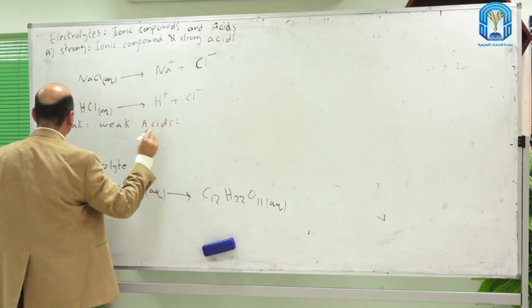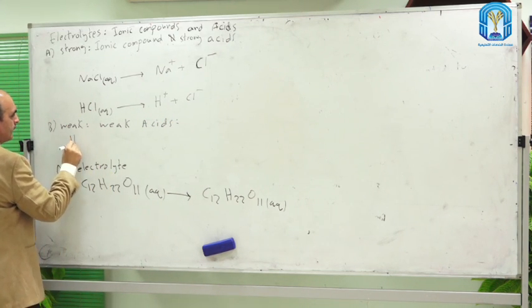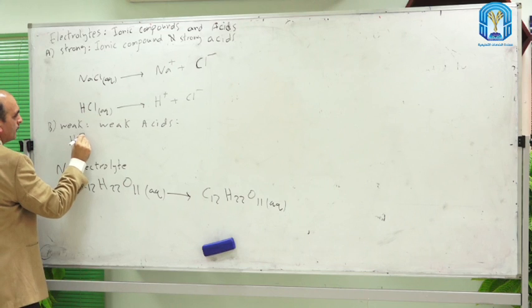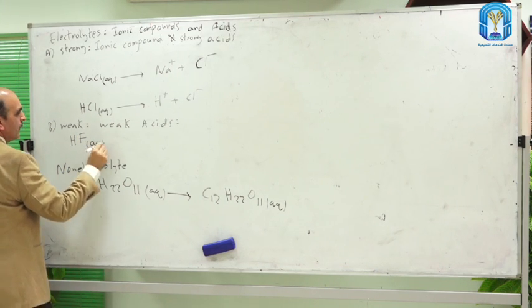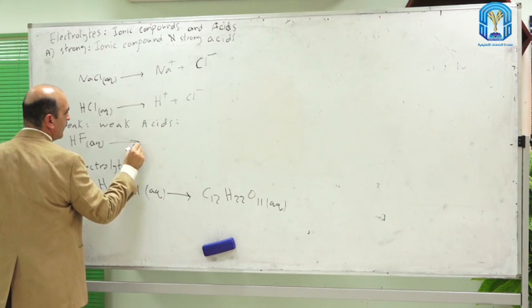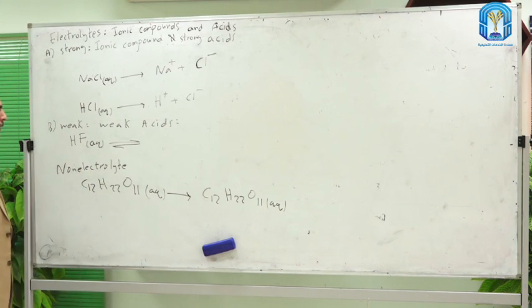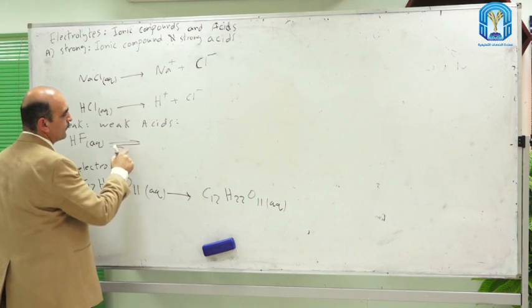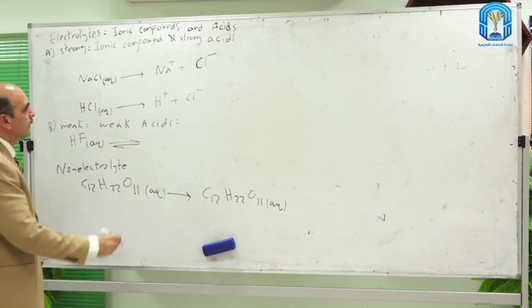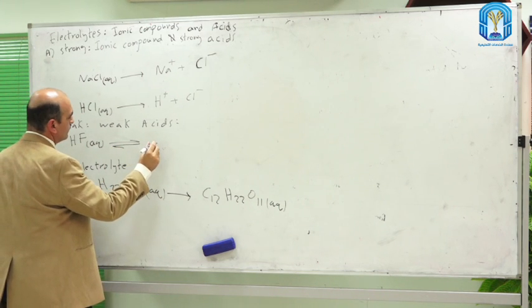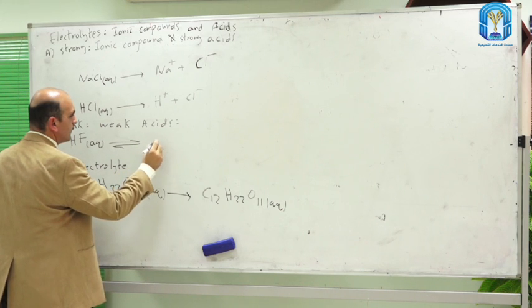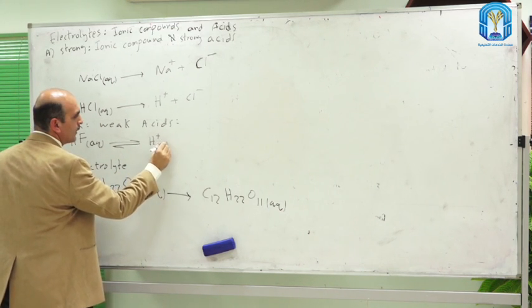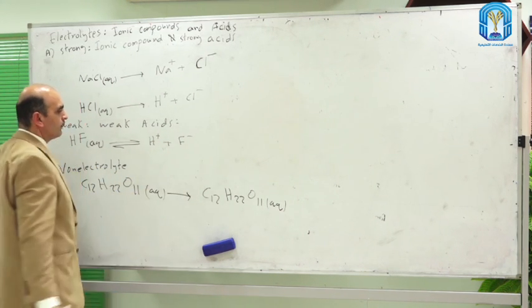For example, we have hydrofluoric acid in water. It ionizes partially, so we put two arrows in opposite directions, to give H plus and F minus.